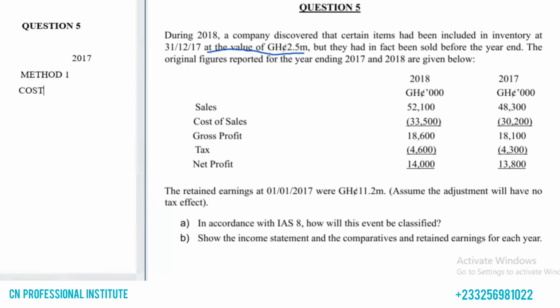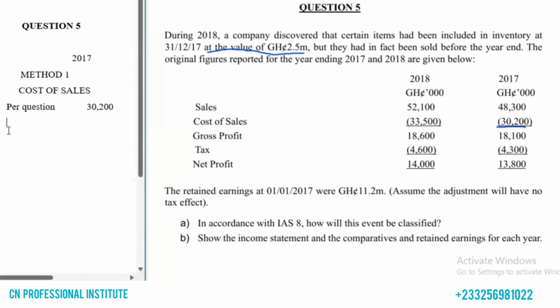And with method two, we will adjust the profit straightforward. So let's say per question, the cost of sales in 2017 is 30,200. We'll bring it here, 30,200.